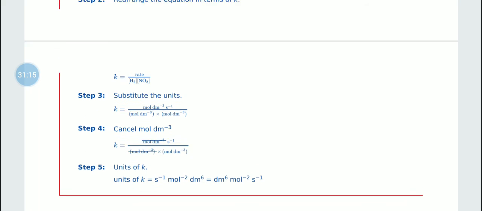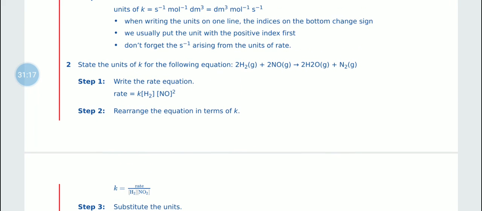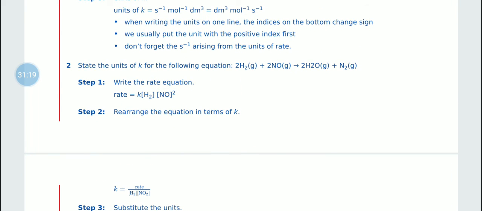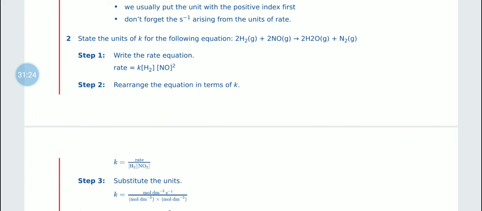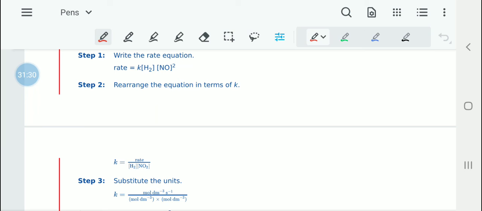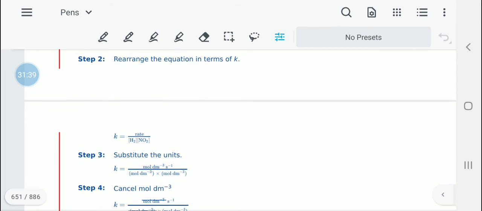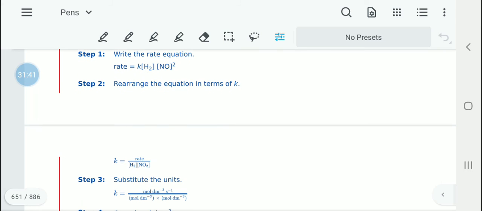As you can see, nitrogen monoxide is what affects the rate of the reaction. Here they have made a mistake, so please don't follow this. Let me do the correct calculation here. The rate is going to depend on NO. NO to the power 2 is what defines the rate.